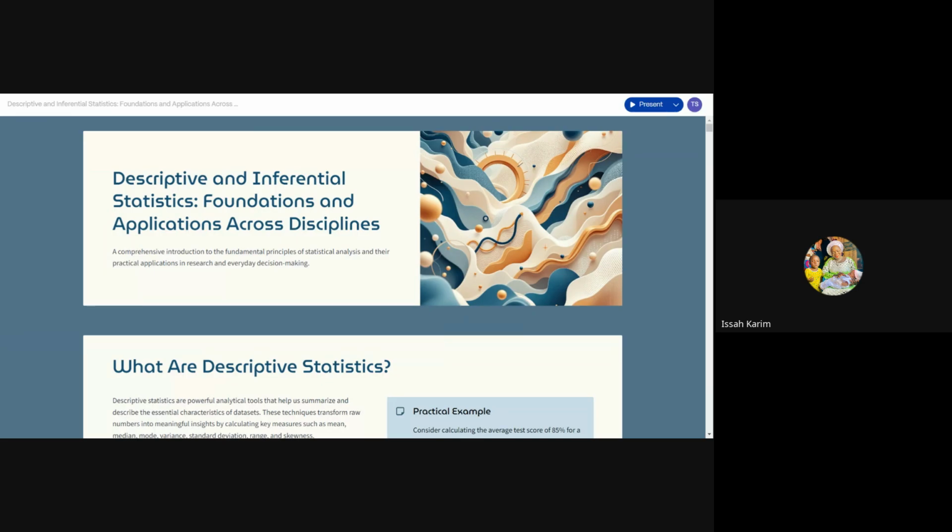Isa, you can talk. I want us to take note of this tip. In a question where we see calculate, summarize, or find the average of this, it is telling us that we are going under descriptive statistics. In a situation where you see a question like predict, estimate, or conclude, then that is inferential.